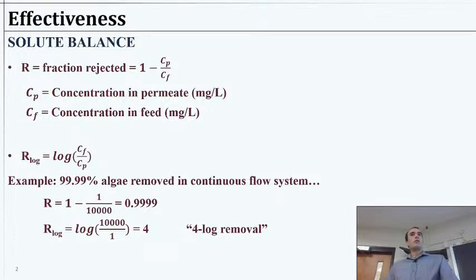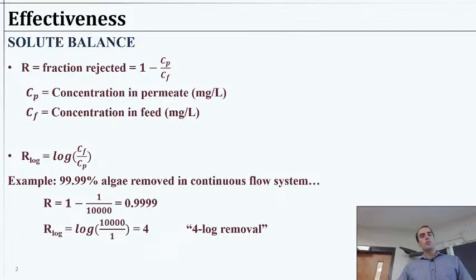So what I want to move on to today is really getting into a bit more about what's really happening at that membrane surface, and how does it matter? Why does it matter when it gets dirty? And to give you a few more formulae to deal with membrane systems in terms of that mass and solute balance.